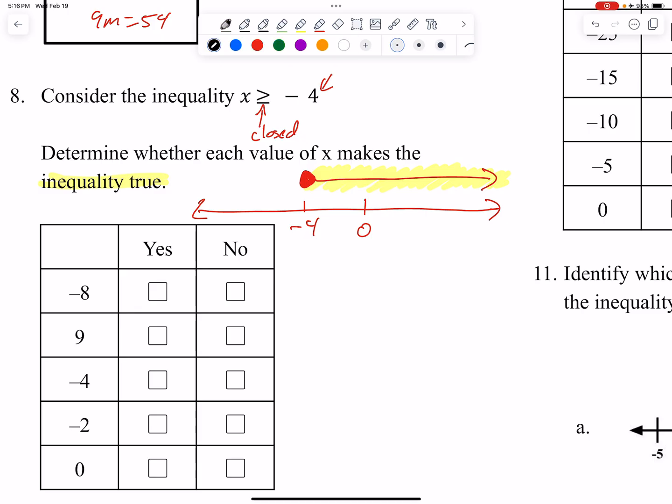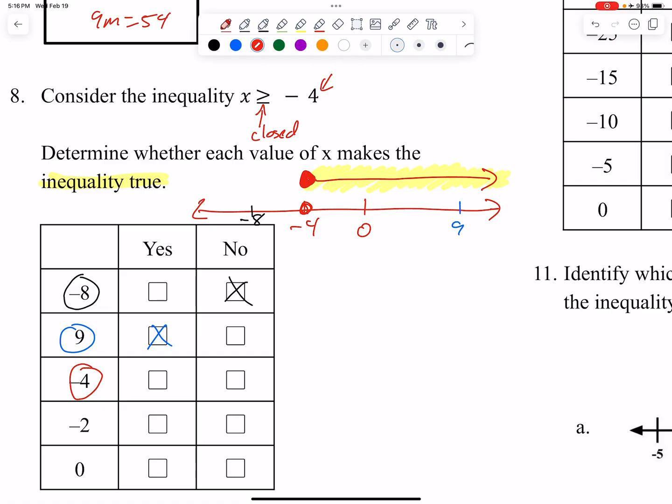It's not a big deal. So where is -8? -8 is somewhere over there. Is that in my yellow area? No. Then let's go to 9. 9 is somewhere over there. Yeah, I don't care where, but it's on the right side. So that's automatic. Then I get -4. -4 is right there. Did that work?